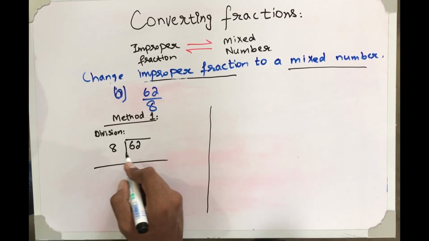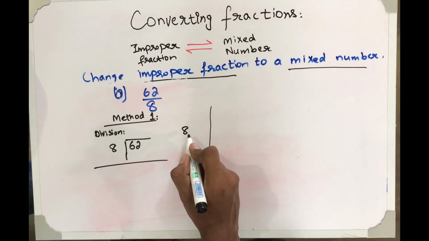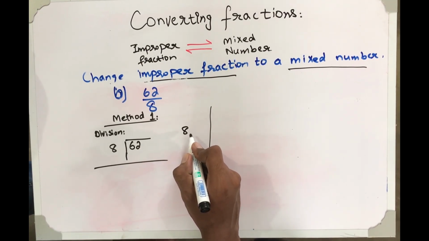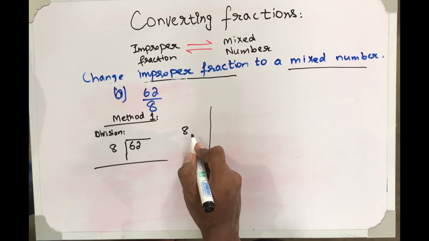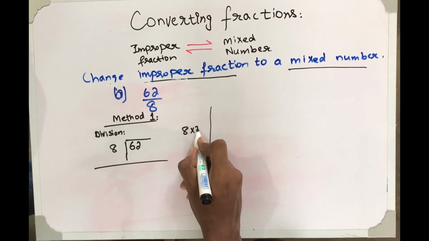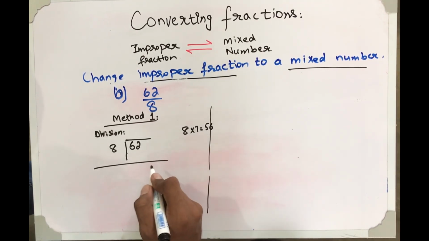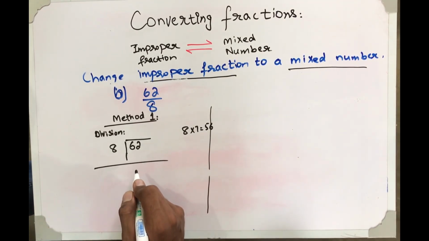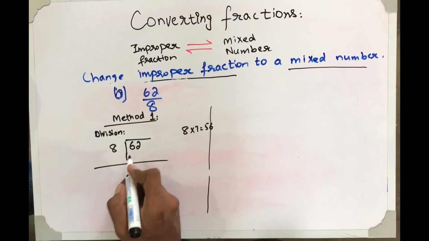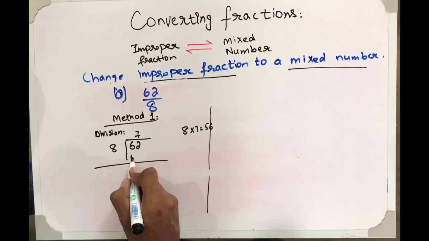Then we know that 8 sixes are 48, 8 sevens are 56, and 8 eights are 64. That will not work here, so we choose 8 sevens are 56.